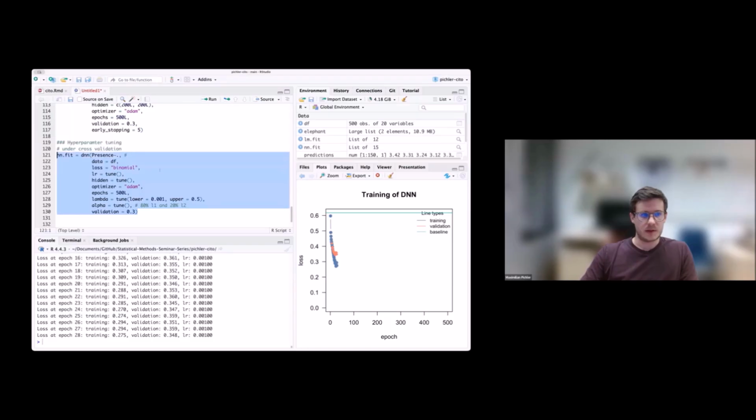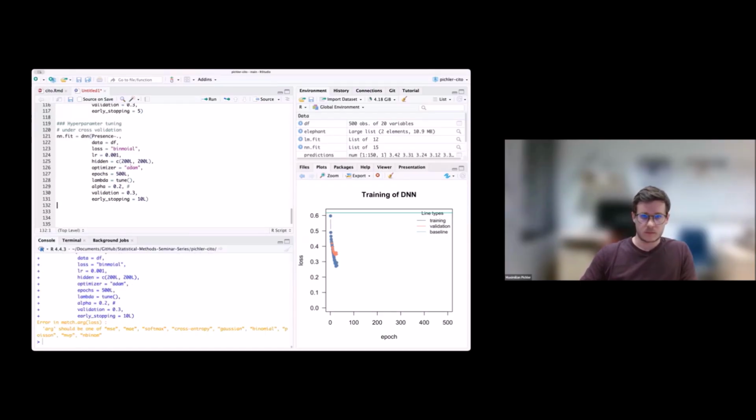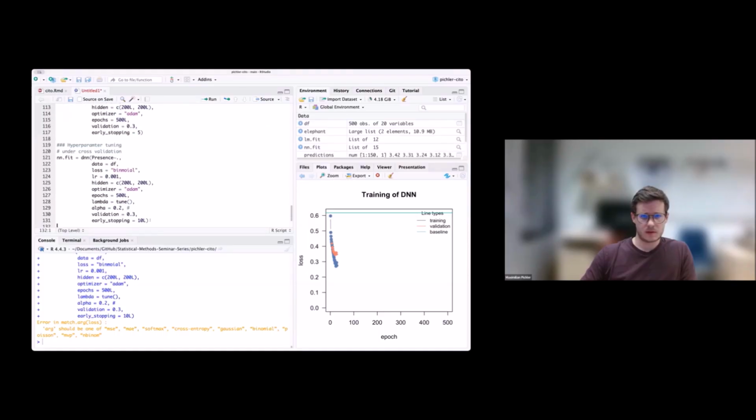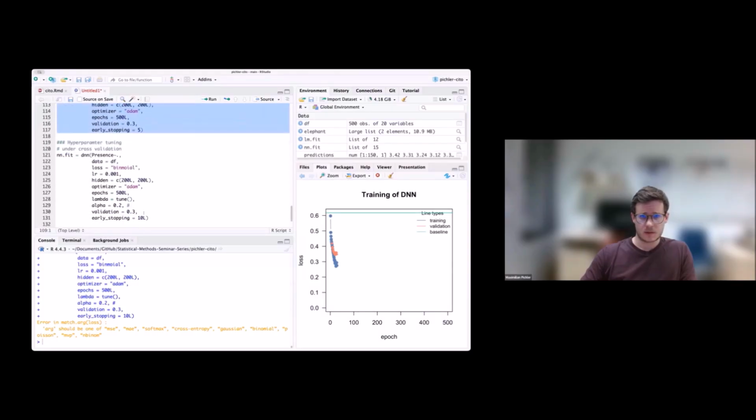Okay, I'm just gonna copy this code from the GitHub. So here I will now tune only lambda. Okay, use this code here.